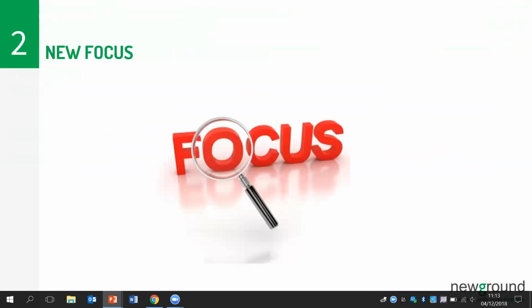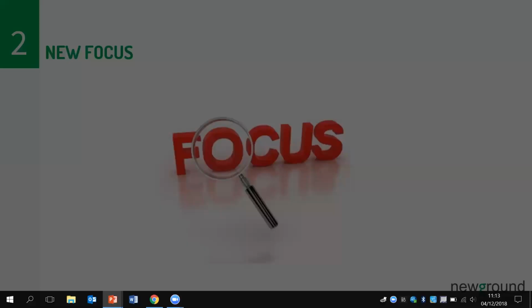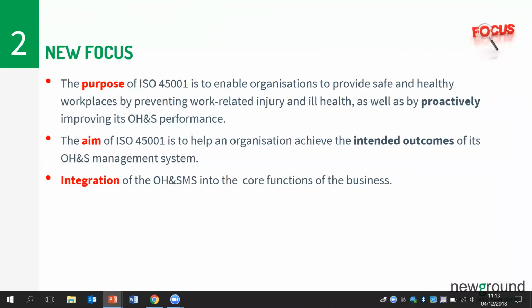The next key area I want to introduce is the new focus for the standard. The purpose of the standard is to provide a framework for you to manage your safety risks and opportunities, to enable you to provide safe and healthy workplaces by preventing work-related injury and ill health, as well as by proactively improving your safety performance.